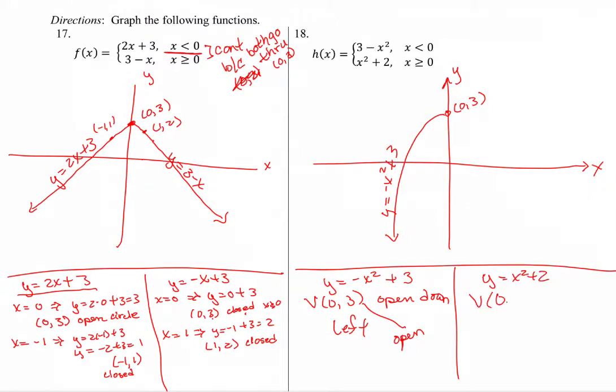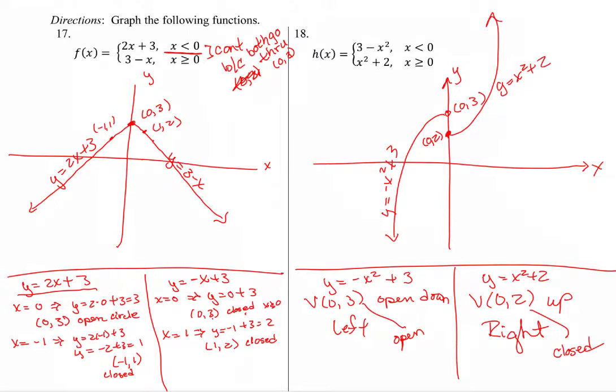and that is a vertex of 0, 2, and it opens up, and it's on the right, and so I go to 0, 2, and I have a closed circle, and this is y equals x squared plus 2, and that's my graph.